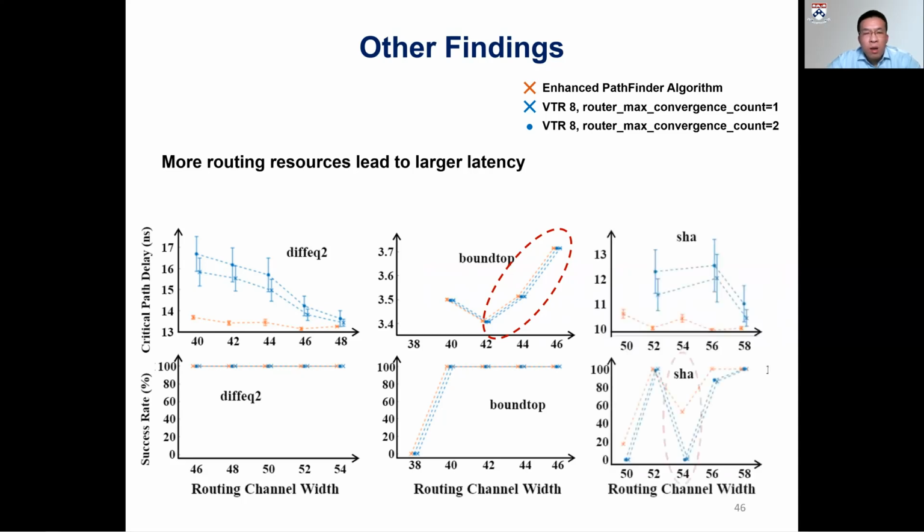And for some other benchmarks, the design cannot be successfully routed when providing more routing resources. This unexpected behavior happens in both the baseline and our enhanced algorithm. We will perform additional exploration on this unexpected trend in our future work.